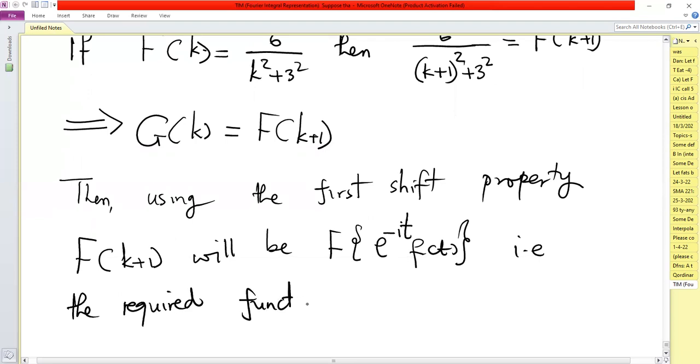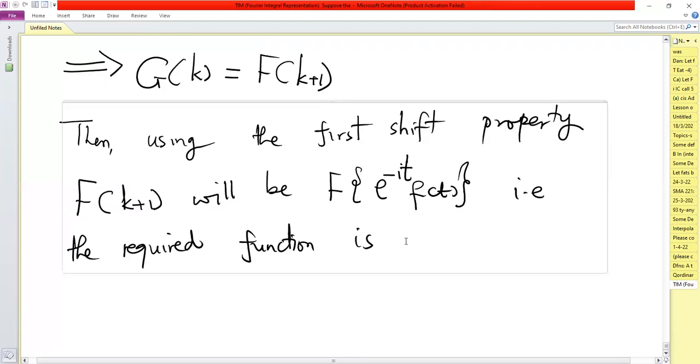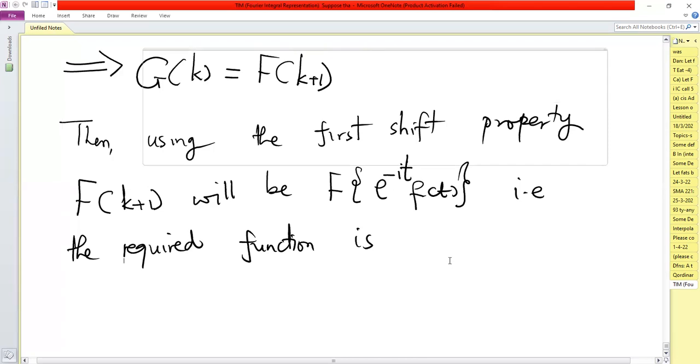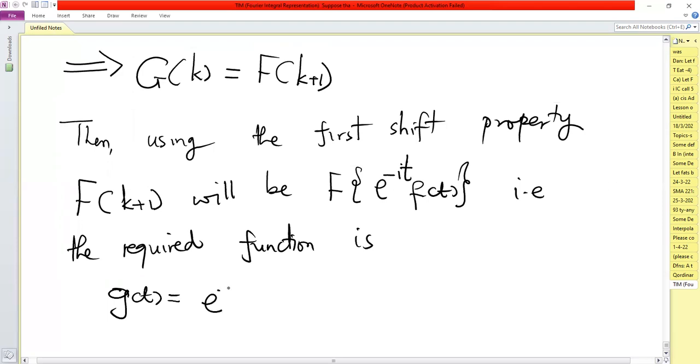Now it will be taking e raised to the power negative it times f of t, which was given initially. So we'll have g of t equal to e raised to the power negative it times f of t, which was e raised to the power negative 3t, e raised to the power 3t. This was for t non-negative, and this was for t negative.